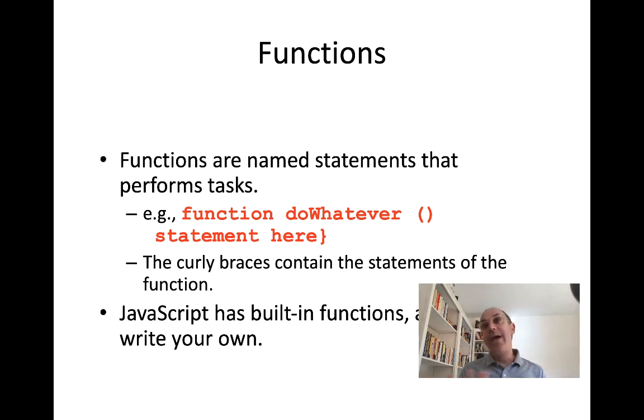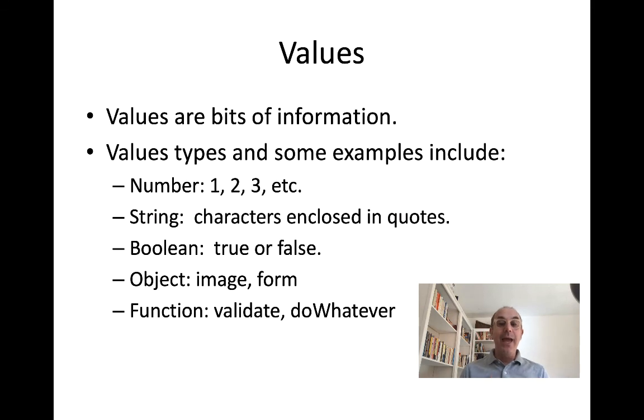JavaScript has built-in functions, and you can write your own. Values are a bit like pieces of information. Values are of type number, string, boolean for true or false, or an object, a part of an image or a form or a function.